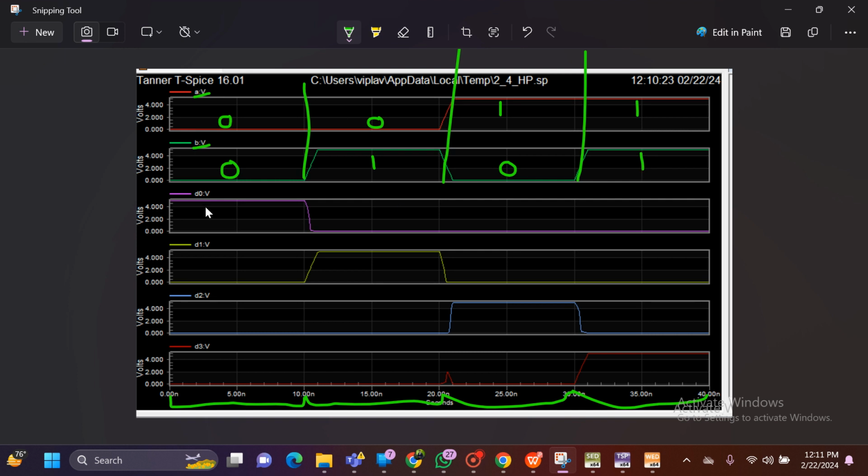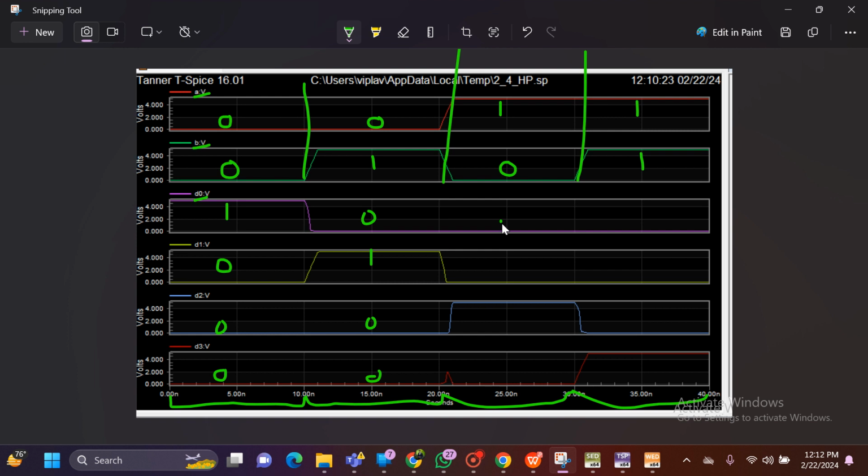Okay, now when there is 0 0, D0 will be enabled, and remaining, see, all are zeros. Okay, and for 0 1, D0 is 0 and D1 will be enabled, and remaining all are 0. Got it? Then next 1 0.